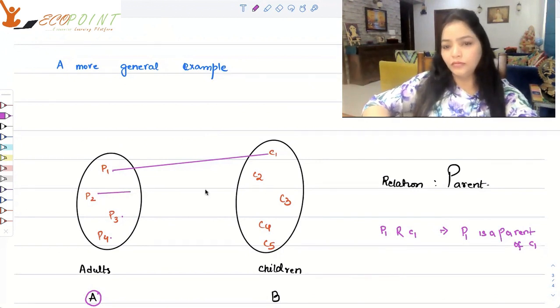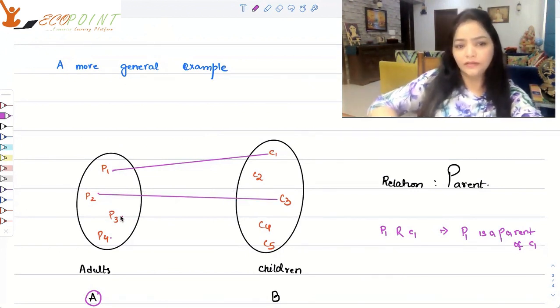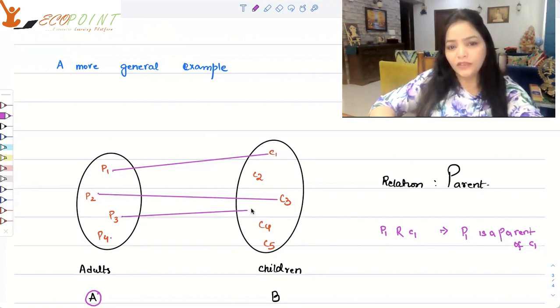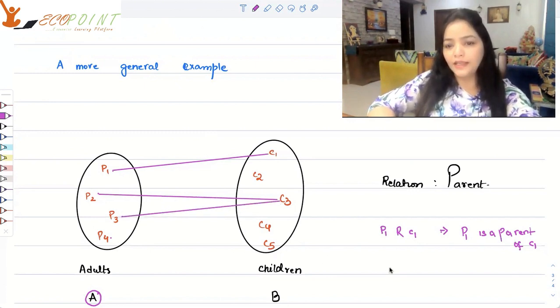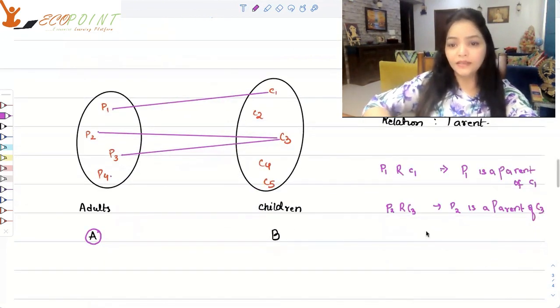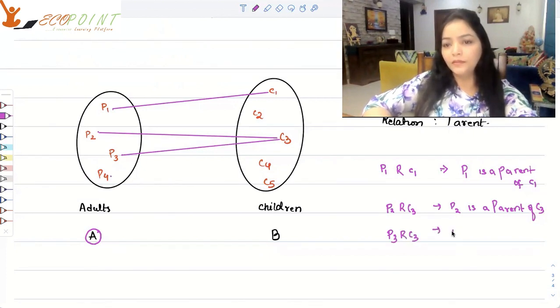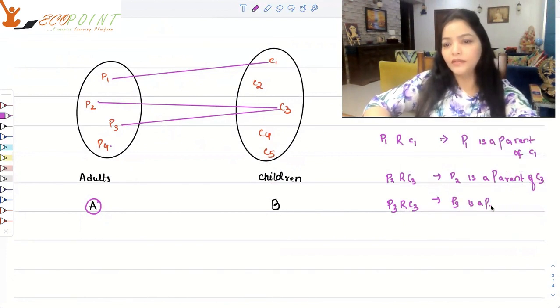P2, say, is related to C3, and say P3 is also related to C3. Then what am I saying? P2 R C3 means P2 is a parent of C3, and P3 R C3 means P3 is a parent of C3.